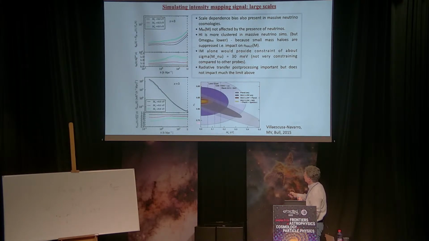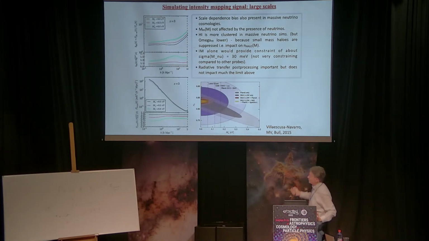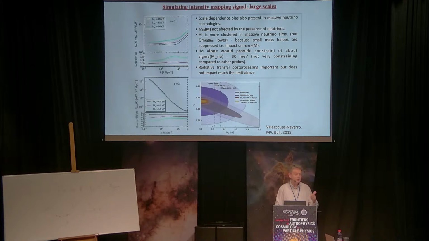And if you cast this in comparison with other probes, you will have a one sigma error of about 30 millielectron volt. But once you combine this with CMB and with the Euclid spectroscopic survey, this can be tightened quite significantly, to maybe 18 millielectron volt. And this could allow us to disentangle the two hierarchies, right? So this is something to keep in mind.